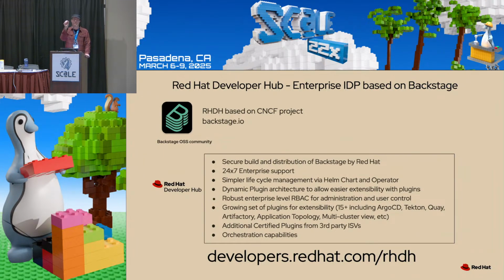You can flip a switch and say, I'd like to install the Tekton Pipelines plugin. It installs in the background, and then it's up and running without you having to rebuild Backstage from source or rebuild a new container and deploy it. I think dynamic plugins are my major selling point that I list there.